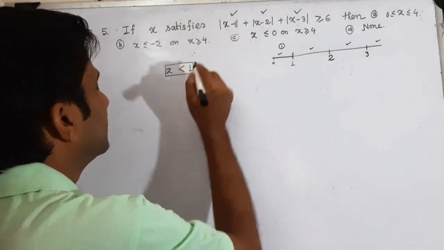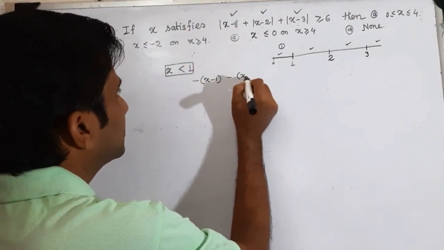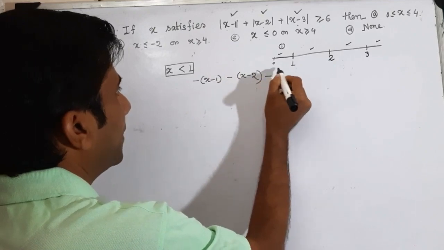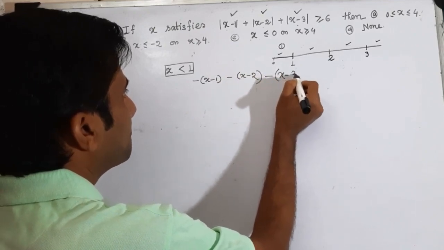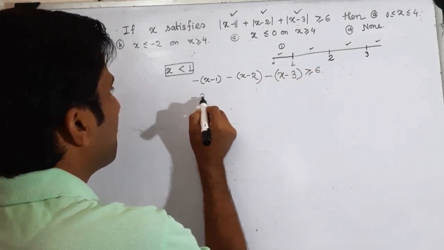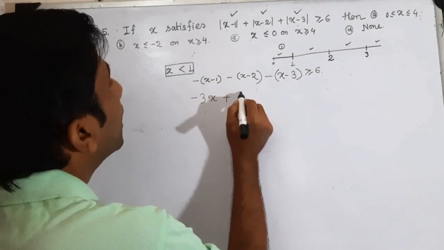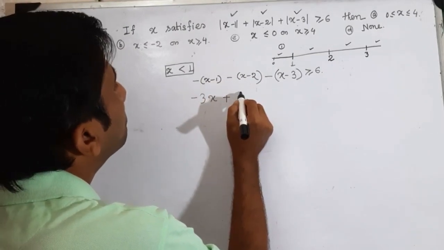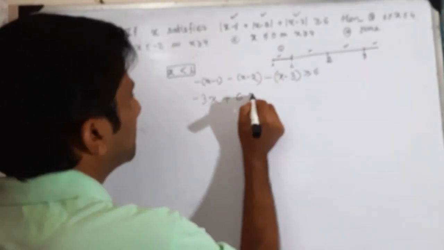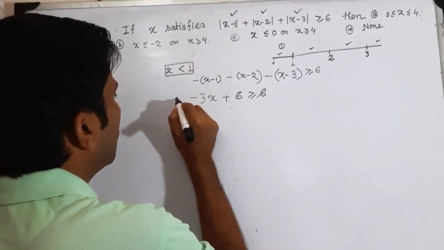Then this is minus of x minus 1, minus of x minus 2, minus of x minus 3, which gives minus 3x plus 6.